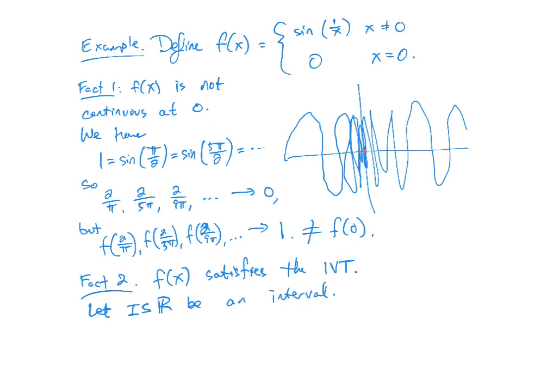We need to show we satisfy the IVT for every interval I. So if 0 is not in I, then f satisfies the IVT for I. Because, why?